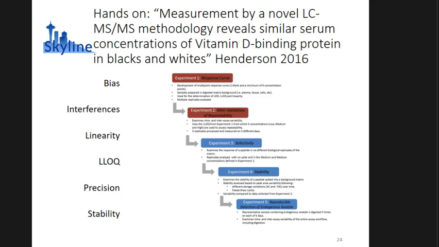So if you open up the Tuesday validation folder in the data, the flash drive data directory, you have to dig through a couple different folders to get down into where the actual data is, but you should reach a directory that lists 6 different directories inside of it that say bias, interferences, linearity, LLOQ, precision, and stability.